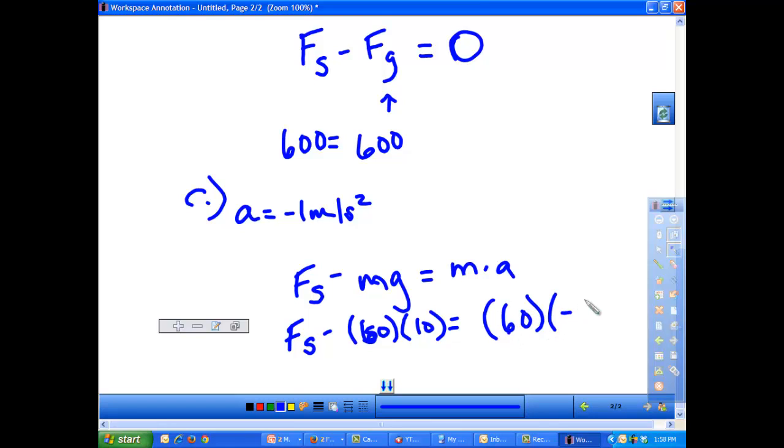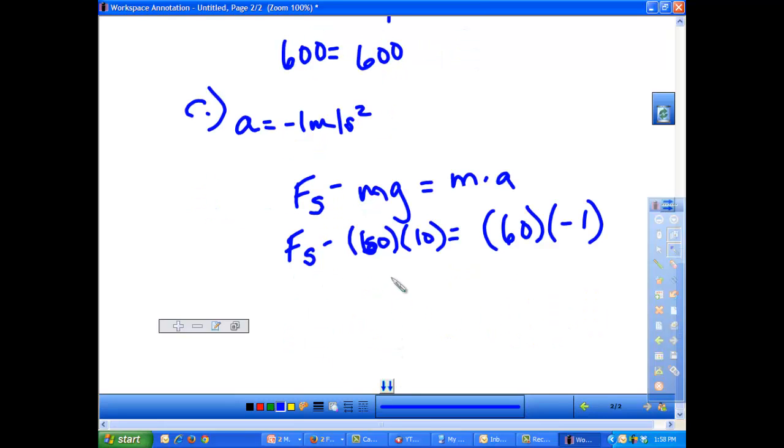Now he has an acceleration of -1, so that's what's going to go there. So this again is 600, and this becomes 60, so that means that the force on the scale is 540 newtons.